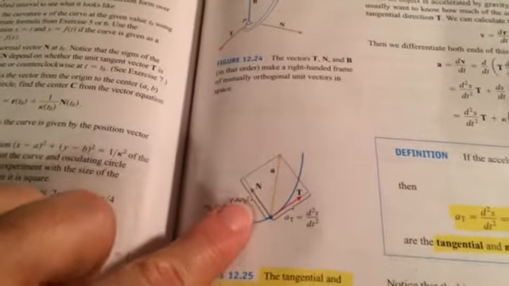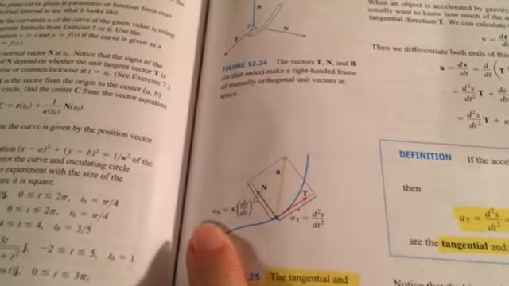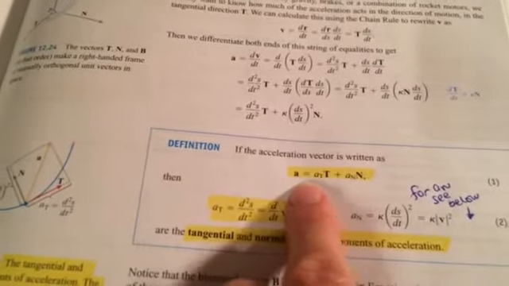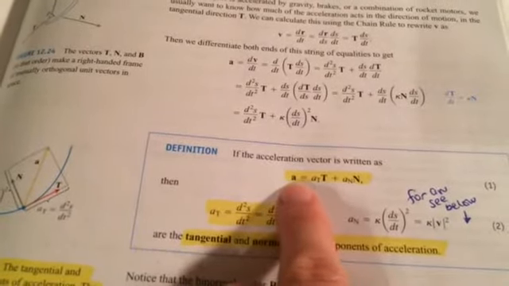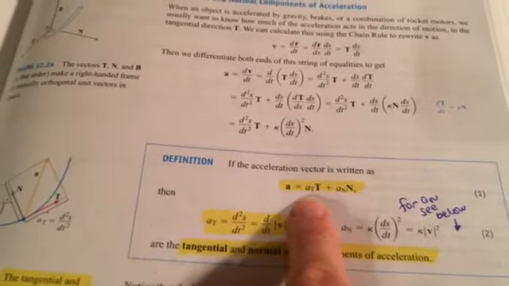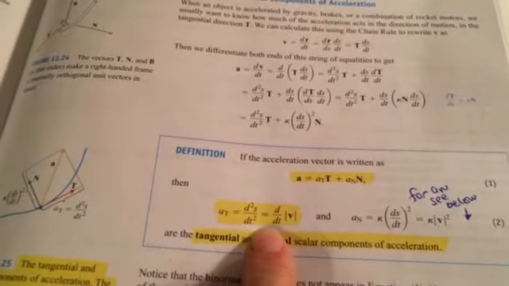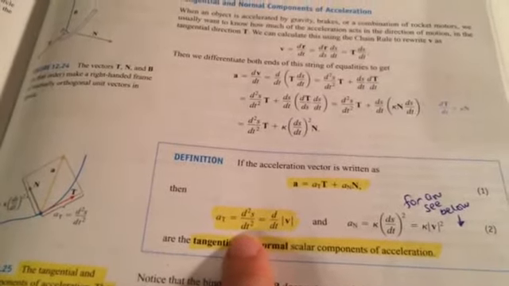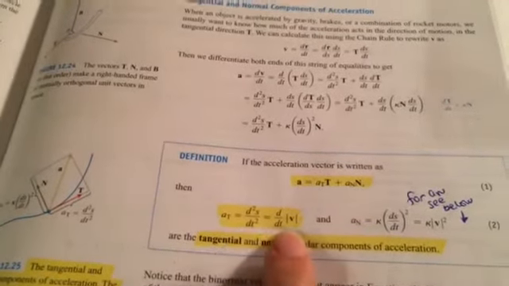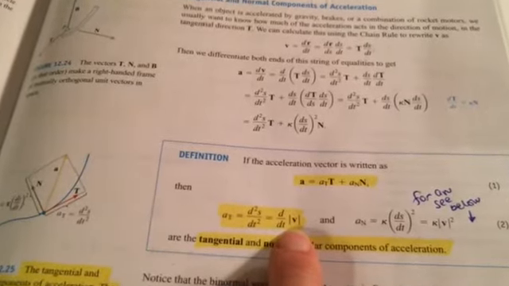And then the part that's over here with the normal vector would be the normal component of acceleration. So what you're doing, if you look at it here computationally, is breaking the acceleration vector down into two parts: the part in the direction of the tangent vector and the part in the direction of the normal vector. So here's the formula for a sub T. You can think about it either as the second derivative of the position function s, or as the derivative of the speed.